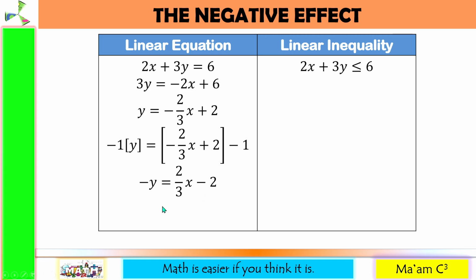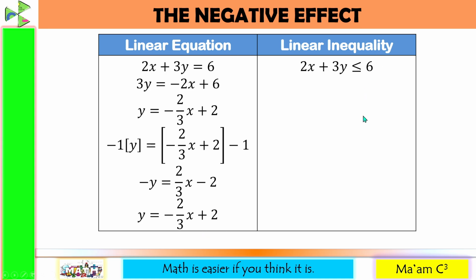But since we are looking for the value of y, we are going to exchange their positions or multiply or divide both sides again by negative 1. So this will become y is equal to negative 2/3 of x plus 2. So multiplying a linear equation by a negative number does not have an effect at all. The value of y remains the same.